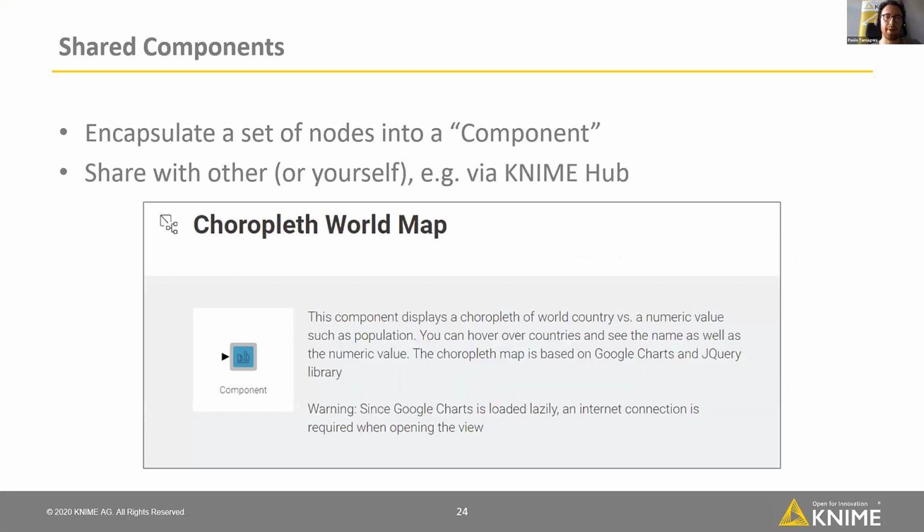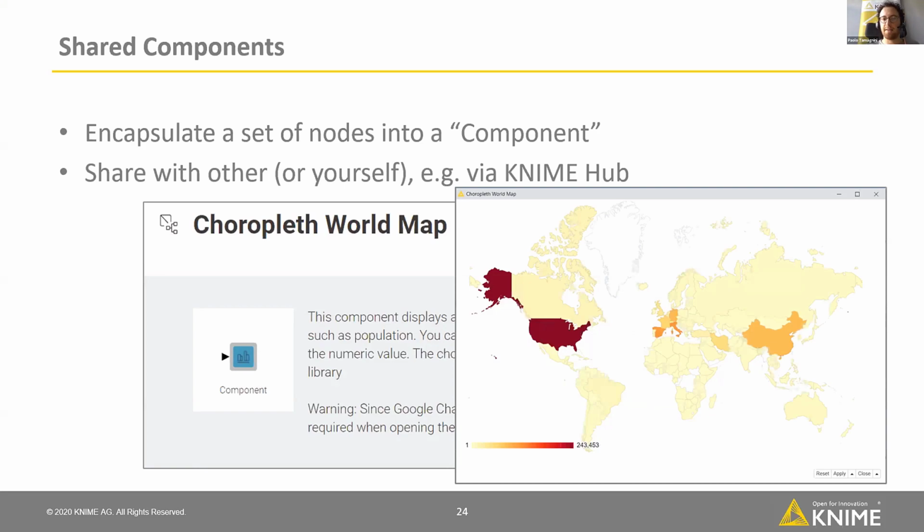You simply, in the KNIME Explorer, move it to your mount point, and then a web page will be created. This particular component I'm showing here is something I reused in the visualization. If you remember these kinds of charts, this is a component I found on the app, and I reused it in my workflow.